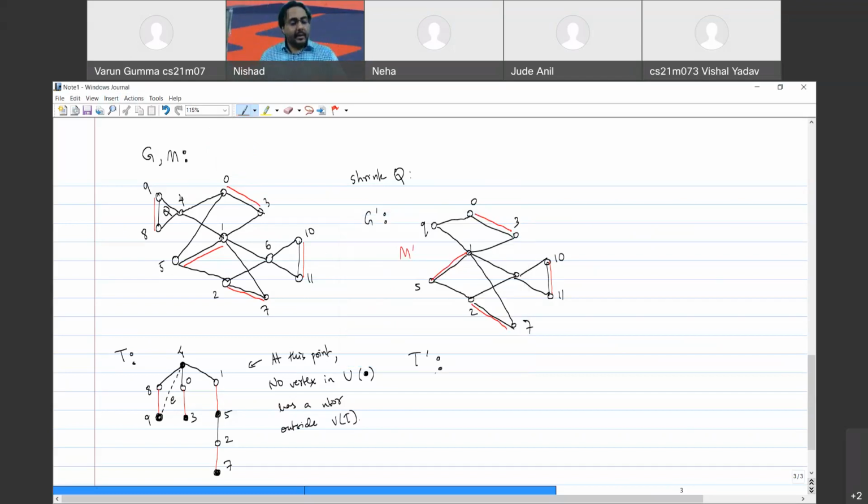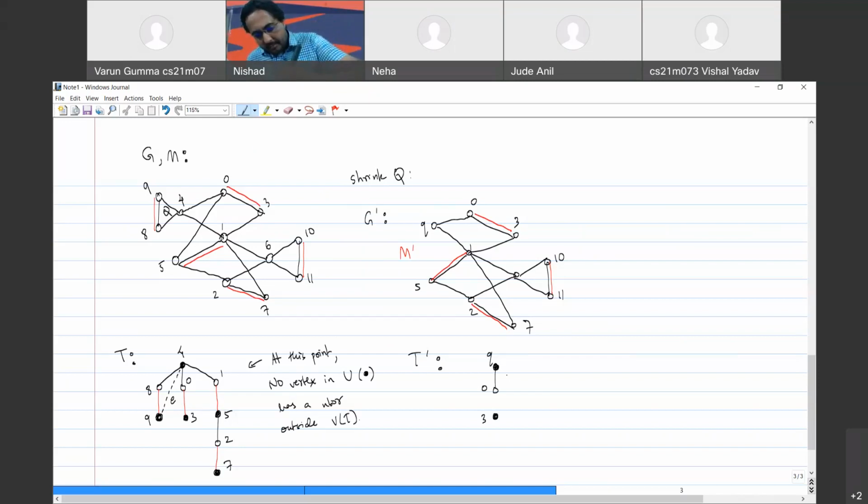So in the tree, we will simply replace 4 and 9 by a single vertex, Q. Okay, so the root will become Q in this example. And the rest of the tree, we will draw as it was. 0, 3, I will put the red colored edges later.